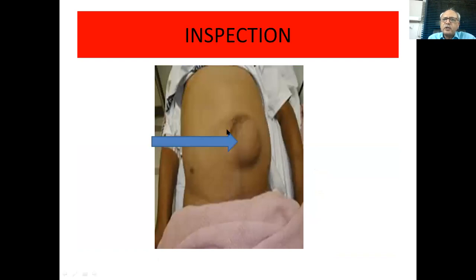As in this picture you can see that when patient coughs, you can appreciate the cough impulse in para-umbilical region. You will appreciate that swelling appears and then disappears. And this is a feature of reducible para-umbilical hernia.